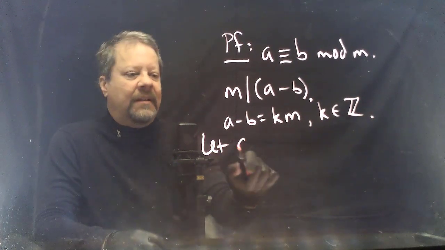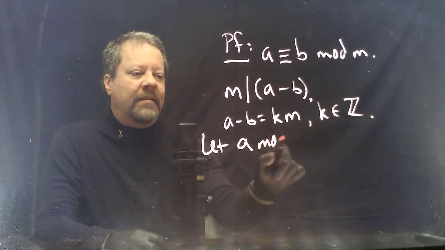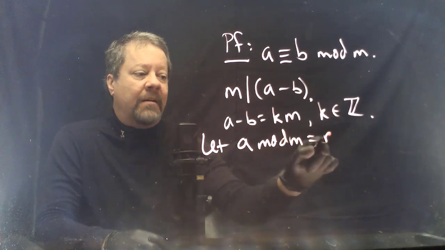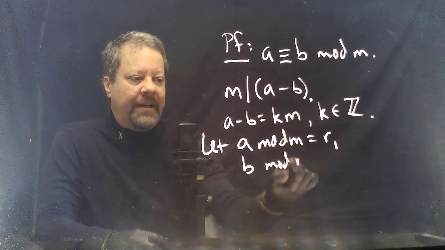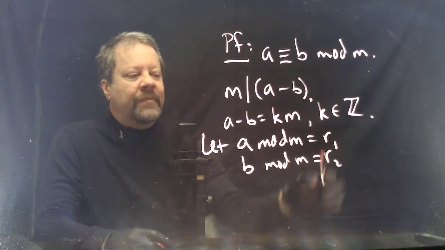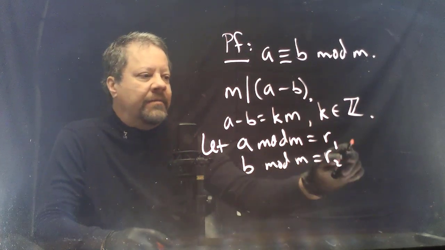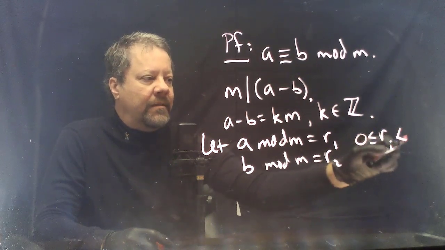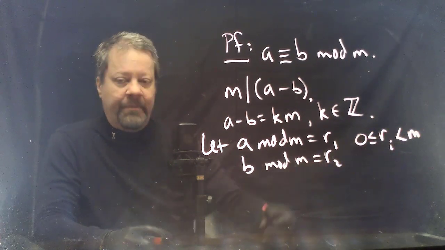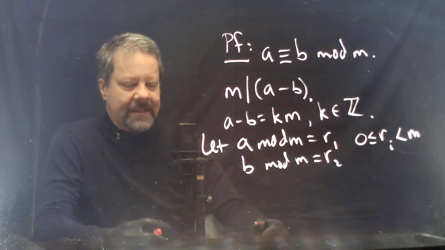Now, let a mod m be r1 and b mod m be r2, where these r sub i's will be bigger than or equal to 0, but less than m.